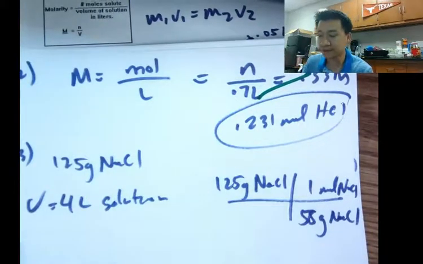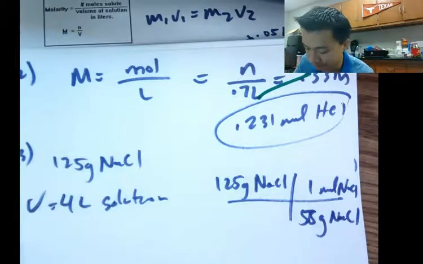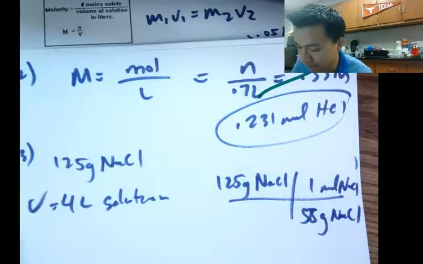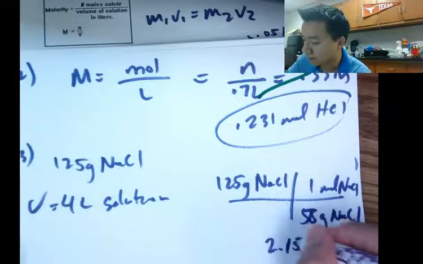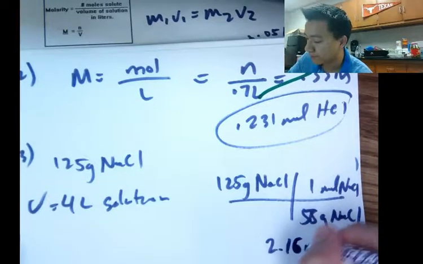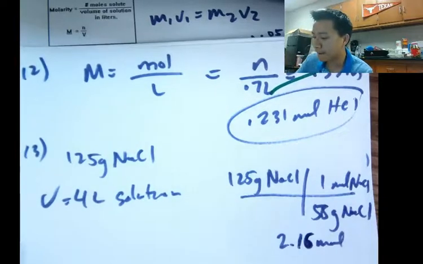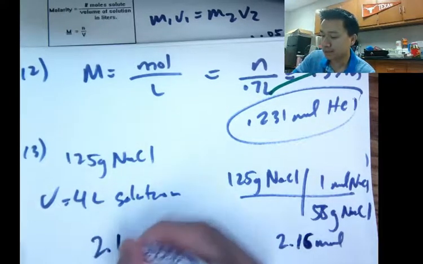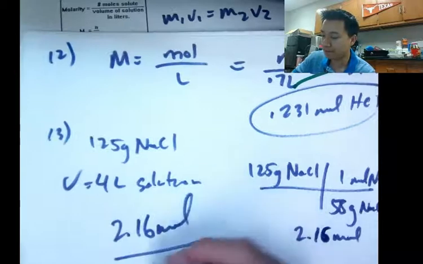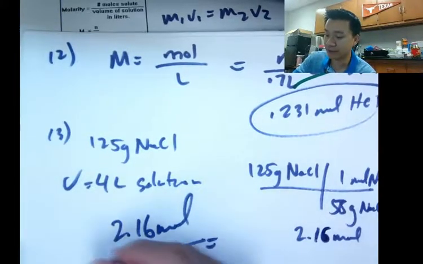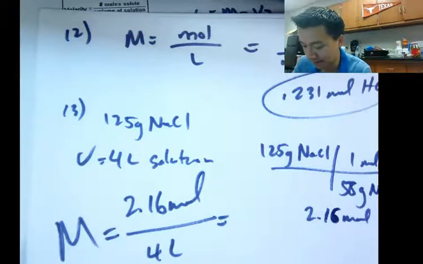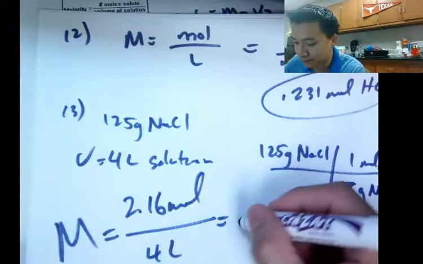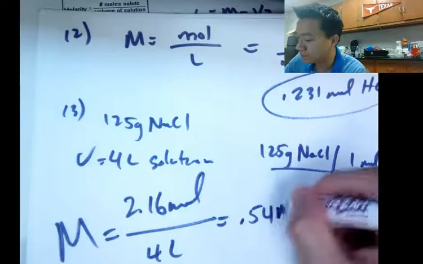Na is 23, Cl is 35. Just for the sake of this problem, divided by 58, 2.16 mole. So 2.16 mole divided by 4 liters will give me my molarity. And you should have got 0.54 molar solution.